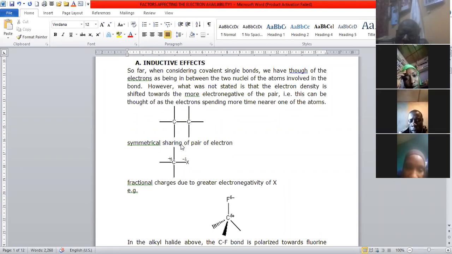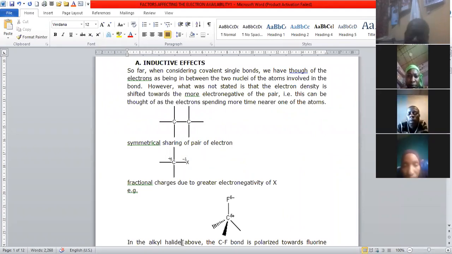Are you following me, please? Yes, sir. Now, the example given here is that of fluorine. Look at it. Fluorine attached to a carbon atom. We all know that fluorine is more electronegative than carbon. That is why fluorine is partially negative and carbon is partially positive.